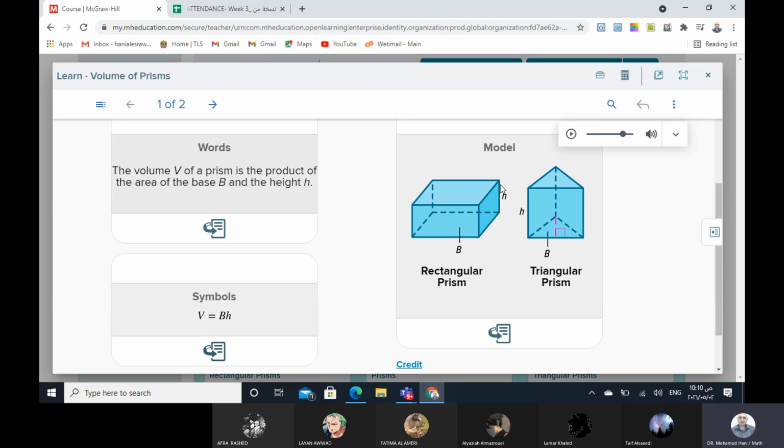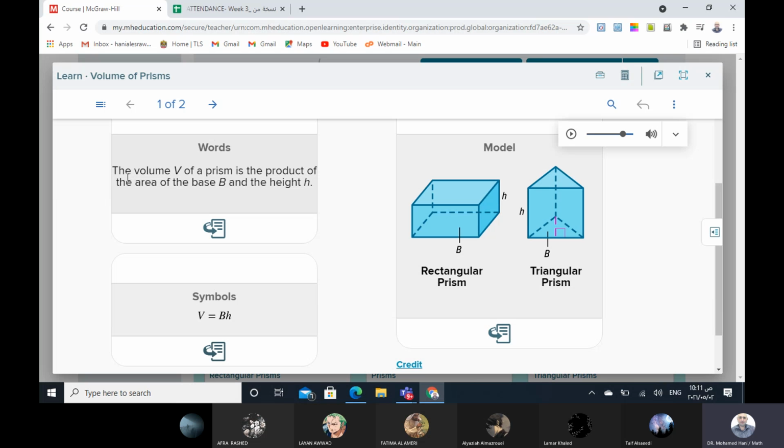And here we have the height of this prism. In the second figure, look at the bottom. We have the base. The base is a triangle, so the name of this figure is triangular prism. And here we have the height of this prism.